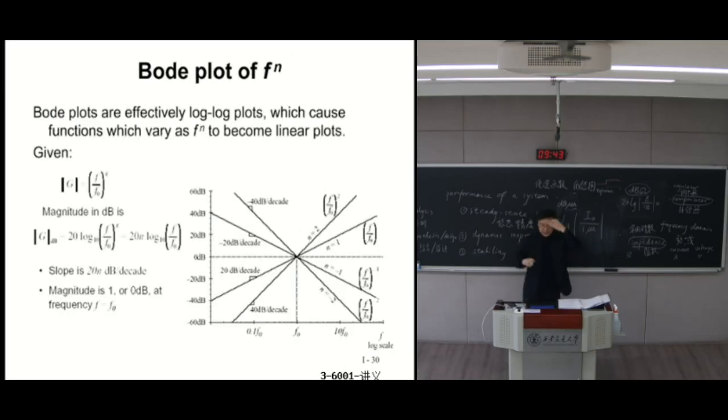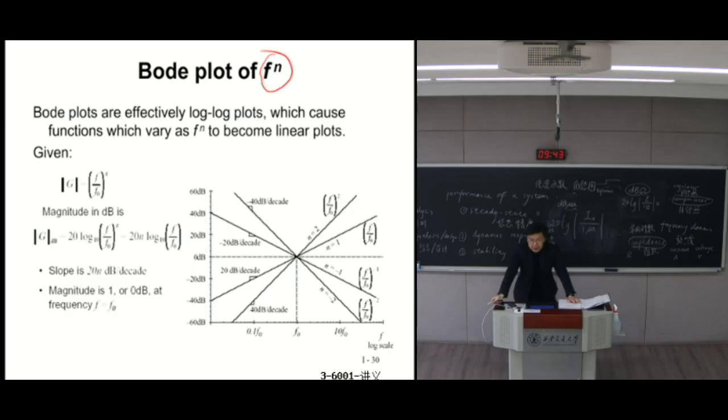Now, some of the typical Bode plots we're looking at. First, it is about if a transfer function has the form of f to the power of n. That means frequency to the power of n.